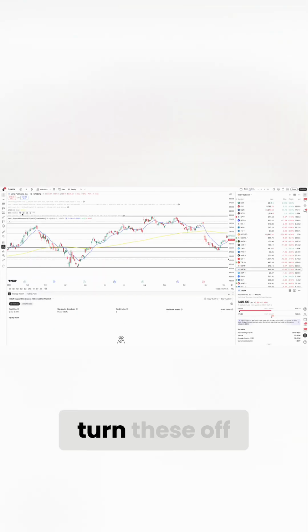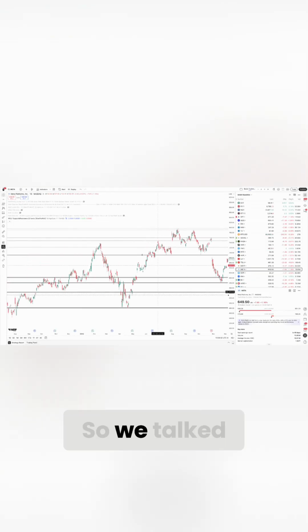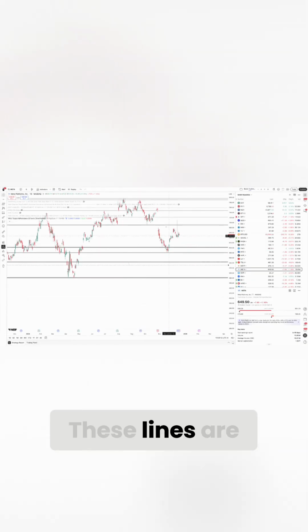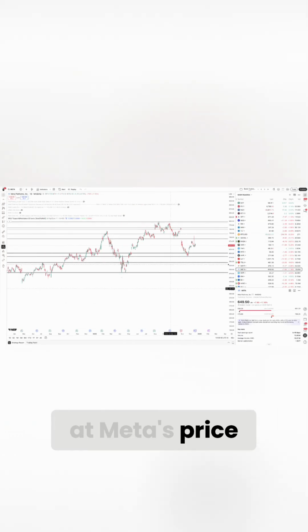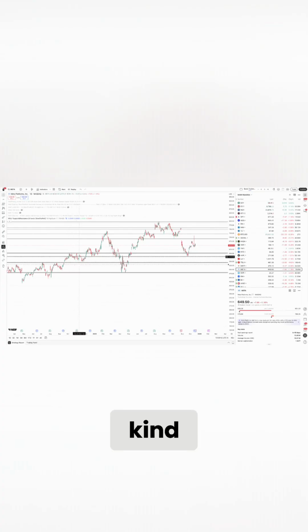Let me turn these off so we can look at these black lines on the chart. We talked about these lines yesterday. These lines are support and resistance lines. If you look at Meta's price action, when these lines are really tight, you see how the price action is kind of choppy, right? When you see these big gaps between these lines, this is where you make your money.